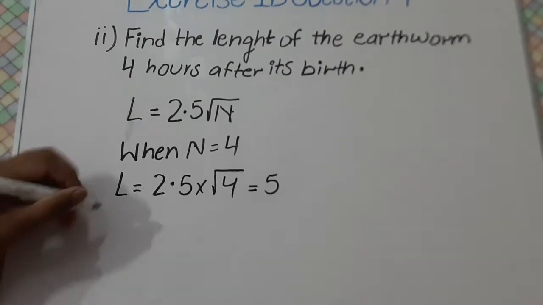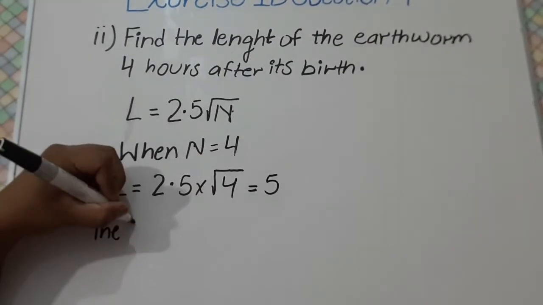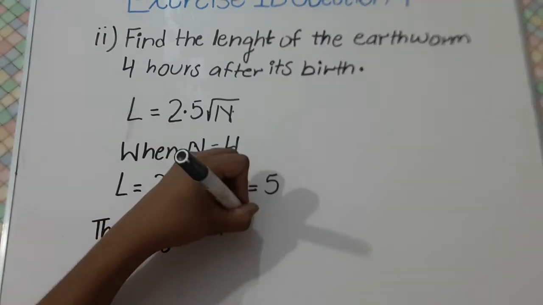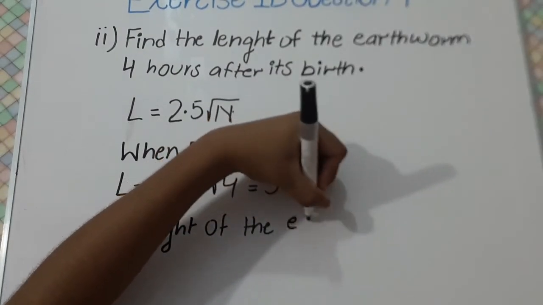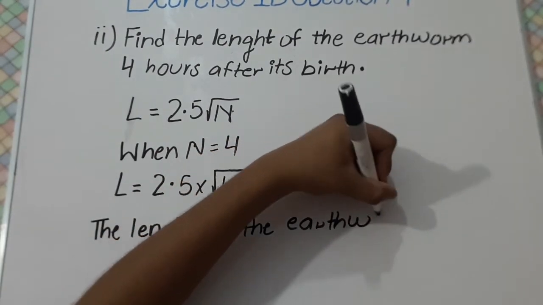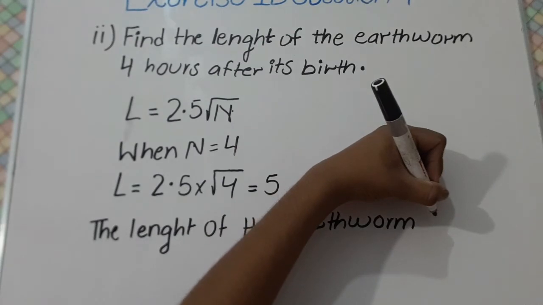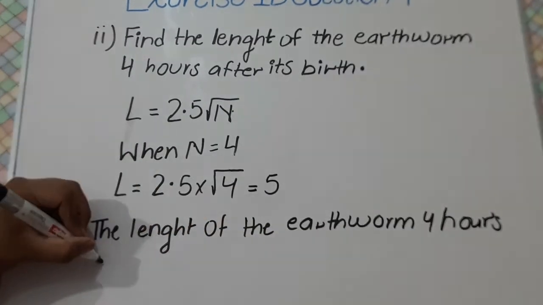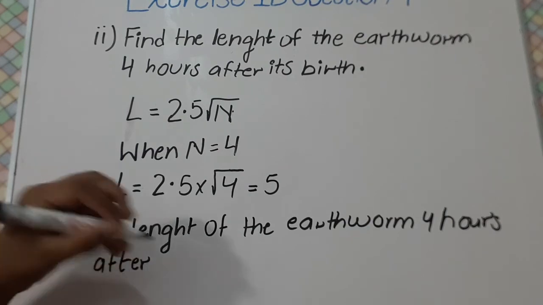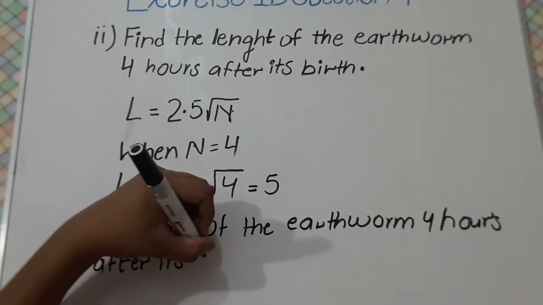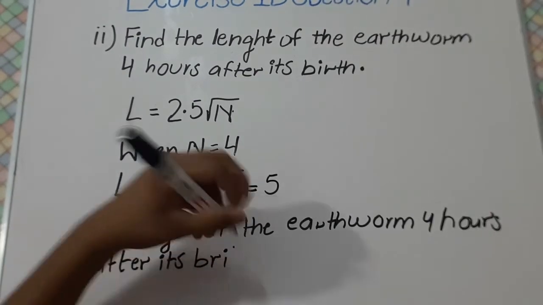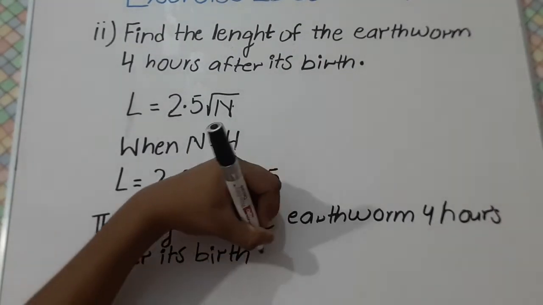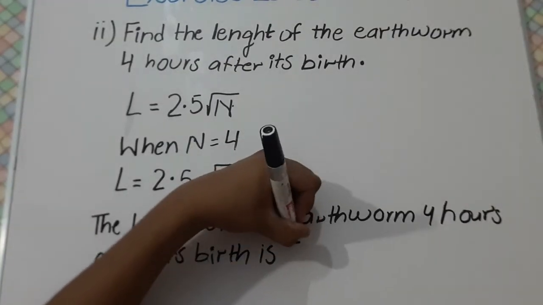So we are going to write the length of the earthworm four hours after its birth is 5 centimeter.